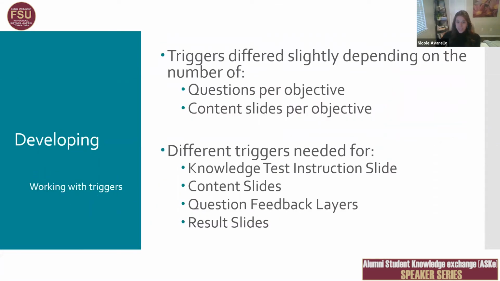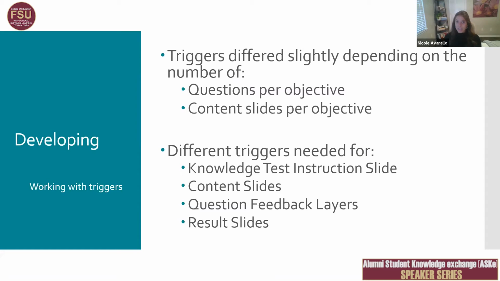Working with triggers. If you've worked in Storyline or are familiar with it, triggers are the logic that tell the course what to do when you click on something. It could be as simple as show a pop-up or go to the next slide, or it can be as complicated as what we're doing here with executing JavaScript programming to create an adaptive learning experience.